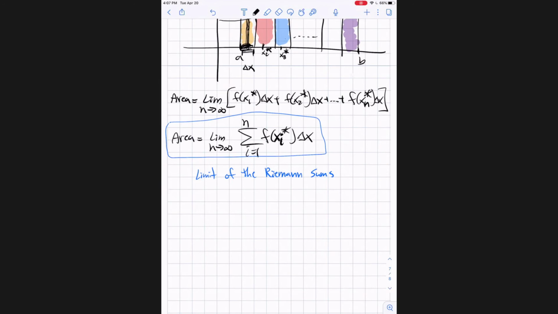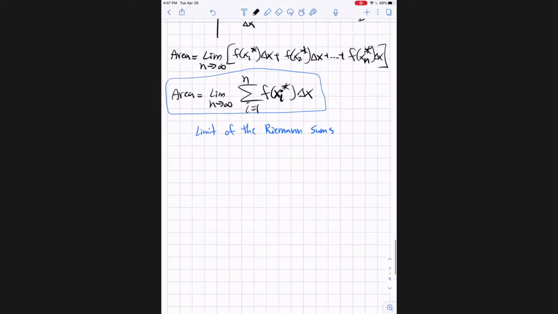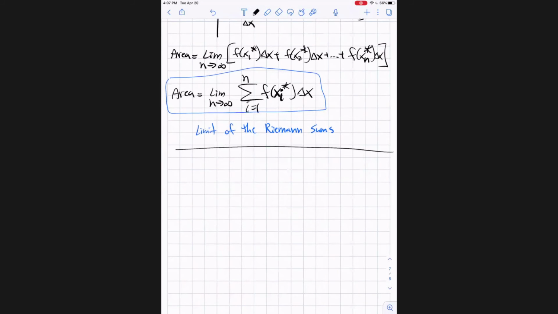So let me go over a few things here. Let me give you the definition of the definite integral.